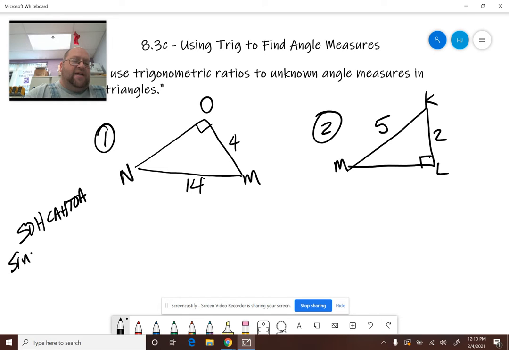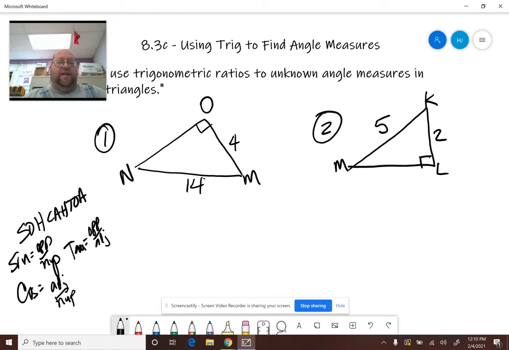Sine is opposite over hypotenuse. Cosine is adjacent over hypotenuse. And then, of course, tangent is opposite over adjacent. That's going to be important anytime we're using trigonometry to find either sides or angle measures. Today, we're focusing on angle measures.